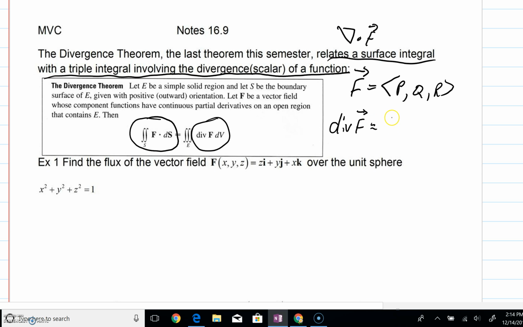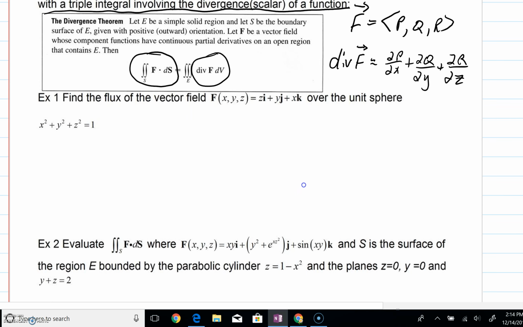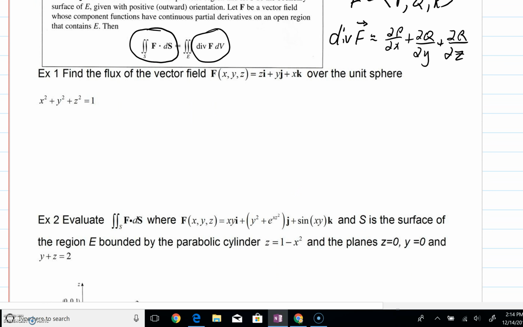That really just became the partial derivative of p with respect to x plus the partial derivative of q with respect to y plus the partial derivative of r with respect to z. If you could figure that out and then evaluate that triple integral, this problem becomes a lot simpler in many cases, finding that flux integral in this easier review problem.